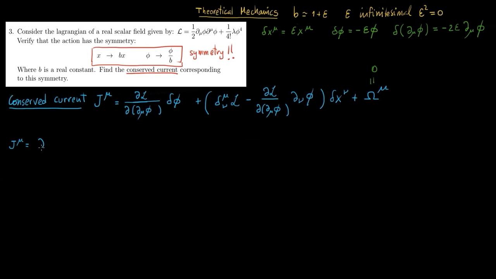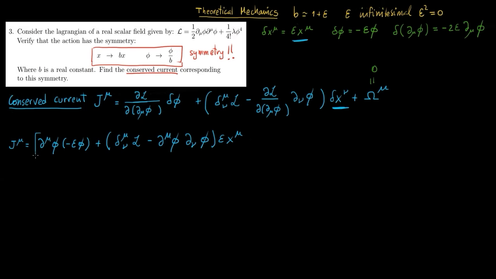As you for sure remember, this is partial mu phi. Delta phi is minus epsilon phi plus delta mu nu. The Lagrangian density minus this derivative is the same as before, so partial mu phi times partial nu phi times the variation of x, but this is epsilon x mu plus 0.